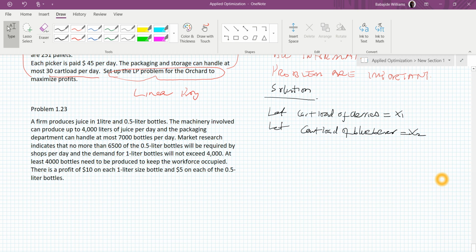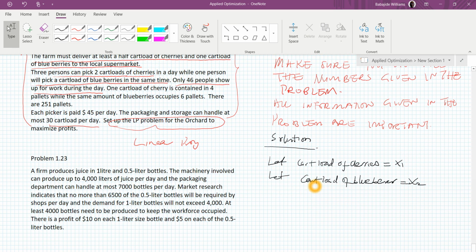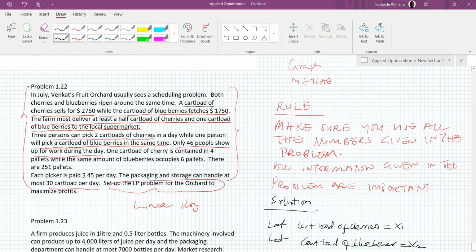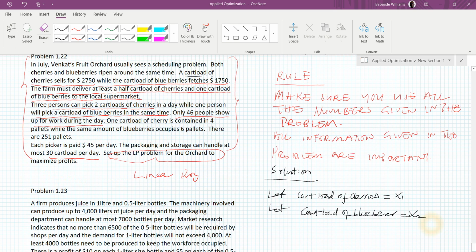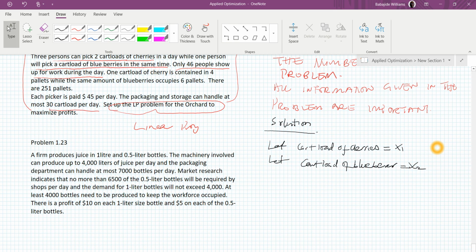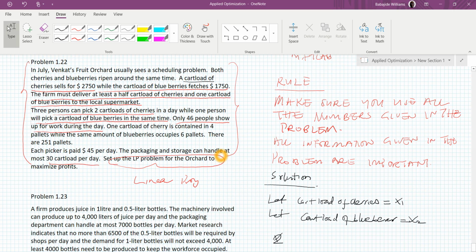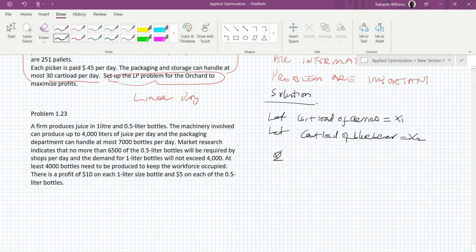And we need to understand the revenue. It says a cartload of cherry sells for 2,750, which means if one sells for 2,750, then two cartloads of cherries sell for twice that. I've represented that with x1.